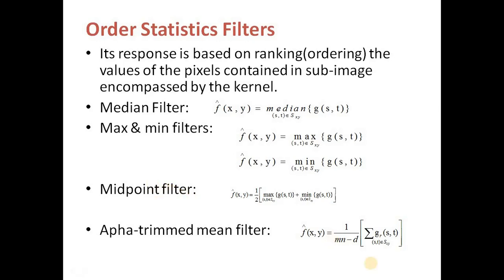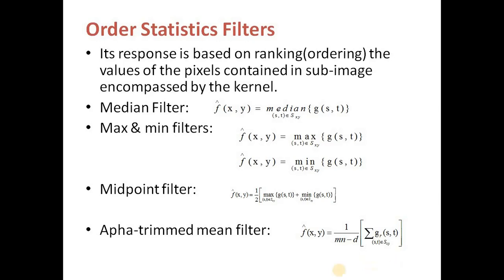Okay, the last filter we should discuss is the alpha trimmed mean filter. This is also an order statistics filter. So first of all, we need to order the intensities in the sub image in increasing or decreasing order, and then we get rid of the d/2 lowest and the d/2 highest intensities from consideration.